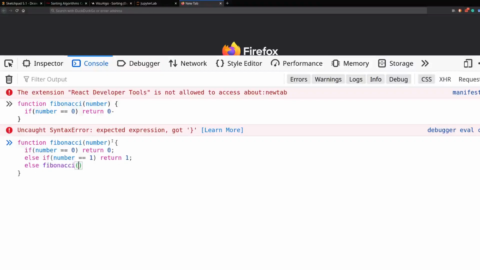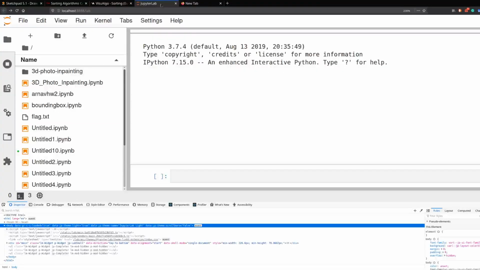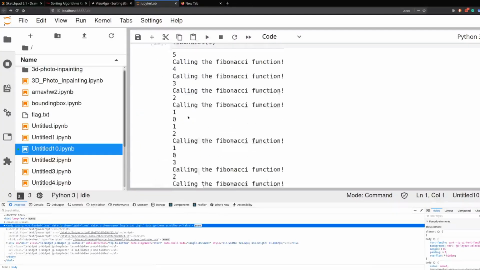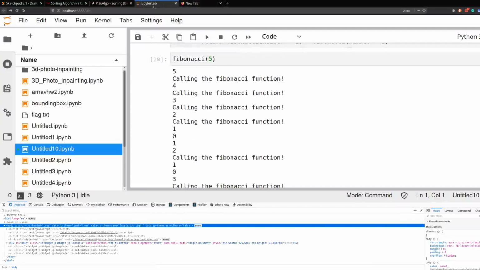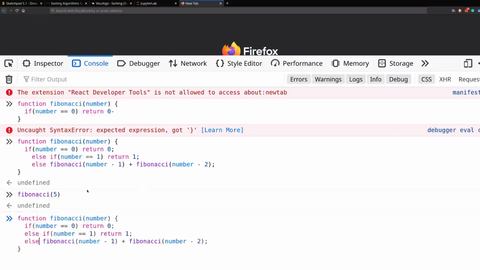Oh, okay, no problem. So here you can apply the same thing for JavaScript, and you call the same thing we do for this one. We called 5. So if we call Fibonacci 5, oh, we didn't return that.